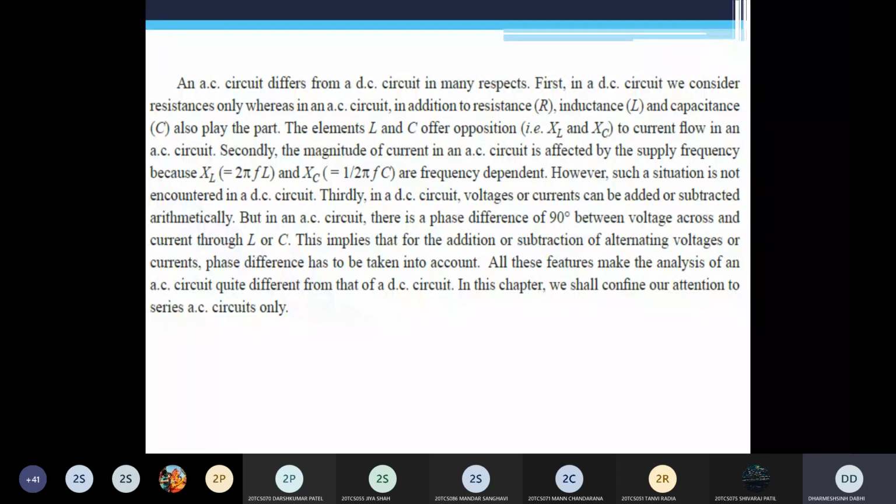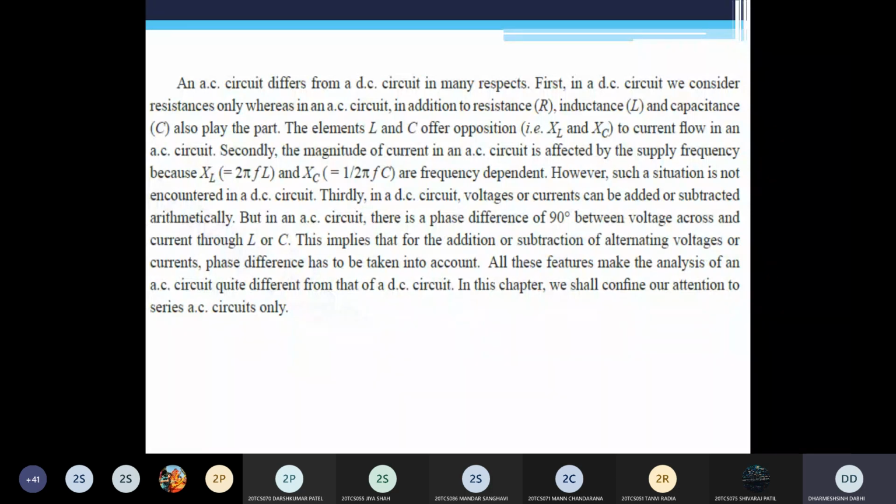So in this chapter we will focus on the different types of series AC circuits: series RL circuit, series RC circuit, series RLC circuit, and resonance in the series RLC circuit. Clear? I hope all of you already know the relationship between voltage and current when the circuit is pure resistive, pure inductive and pure capacitive.